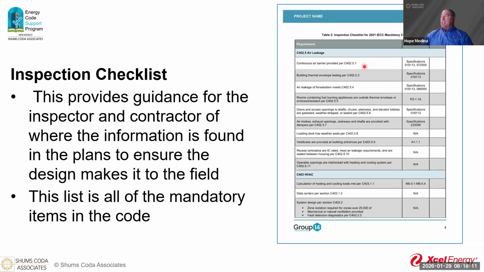It tells us that our continuous air barrier is going to be provided per C402.5.1, and it's going to tell us we can find that in the spec book, 018018, 113, and 072500. Those are going to tell us what is happening with the air barrier there, how it's installed, and the methodologies to make those details work correctly.